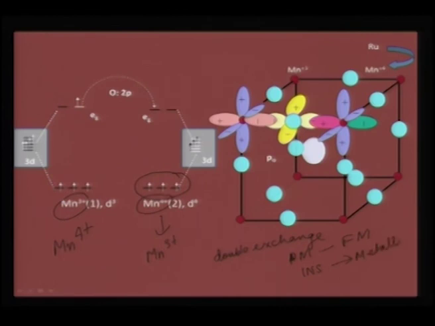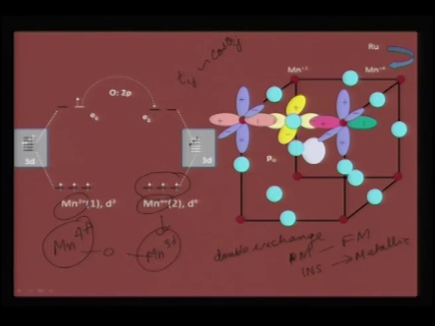So, two things happen when we try to initiate this electron transfer process, and this transfer of electron is given as the transfer integral, Tij, which is proportional to cos theta ij. So, this cos theta ij is nothing but the angle that is made between these two ion cores.